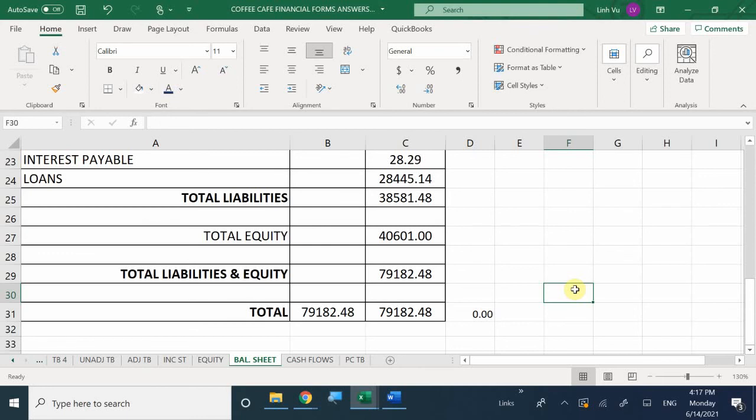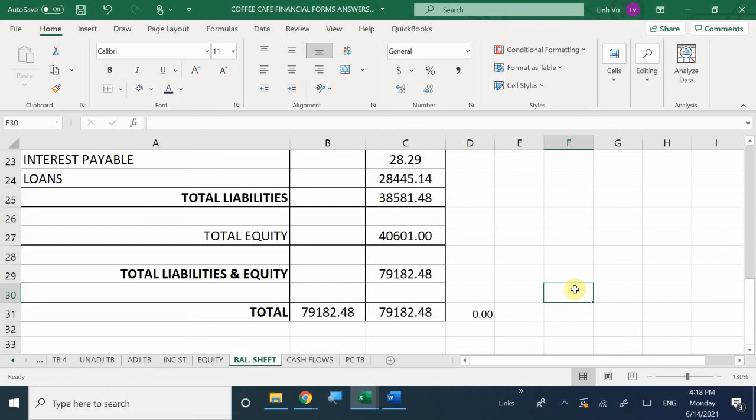Total liabilities and equity. And then on that total at the bottom, you just cell reference it.